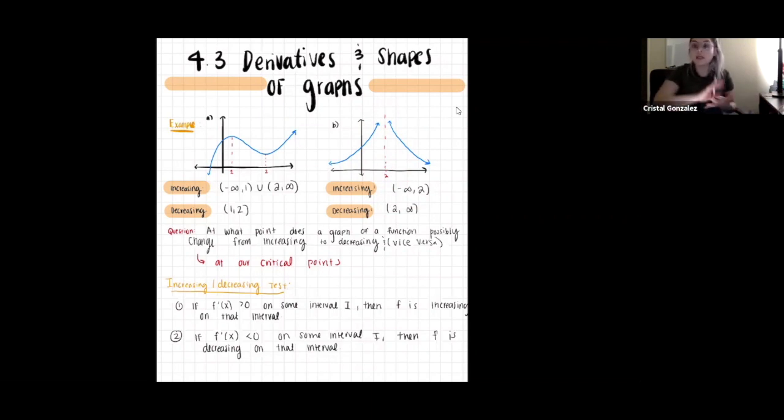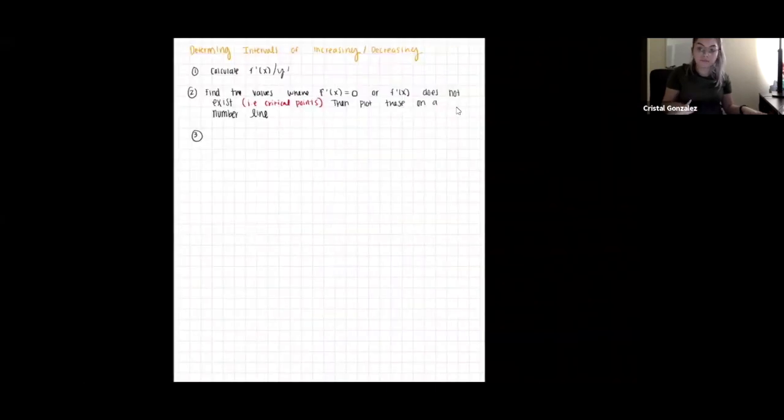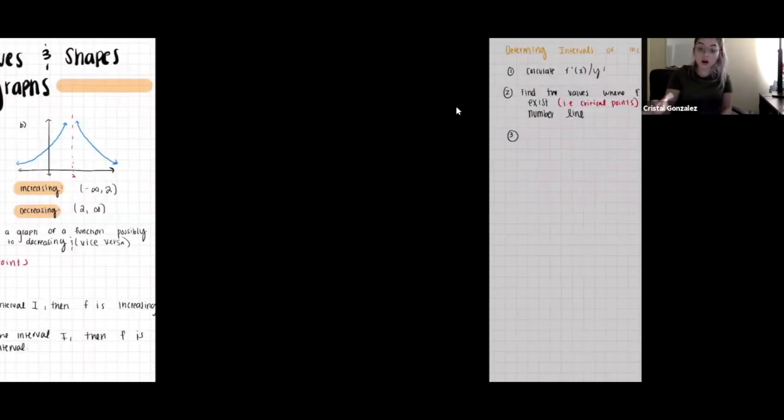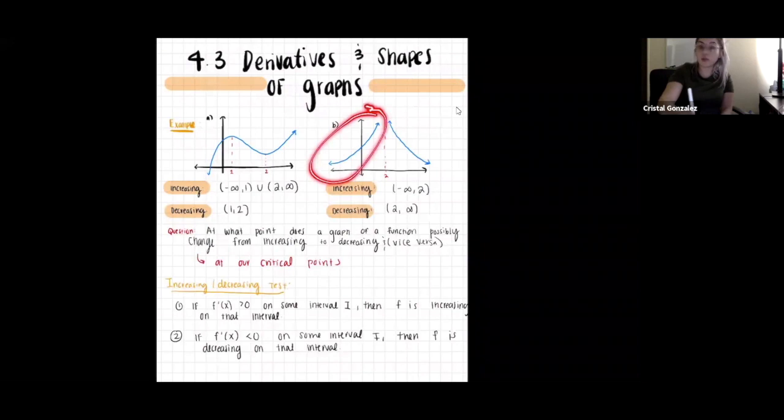I can't plug in the value 2. I don't know what it is. So always keep that in mind. Just because you found where f prime of x is equal to 0 doesn't mean you found all the critical values, right? We need to also address things that are undefined, things where we can't take the derivative, because those can cause major issues, and they can change the graph from increasing to decreasing. So always, always, always keep that in mind.